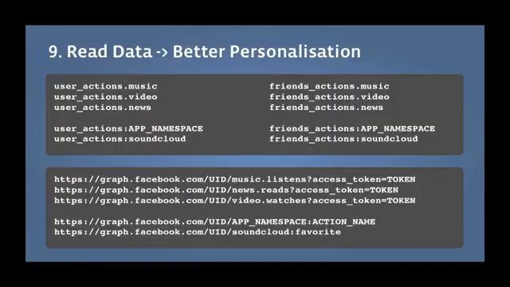And then you can ask for a specific permission to get the actions posted in by a specific other application. So here, user_actions: and then the namespace of the application that I want those actions for. So here I could go user_actions:soundcloud and get all of the actions I've performed on SoundCloud, the sounds I've played, the sounds I've liked.